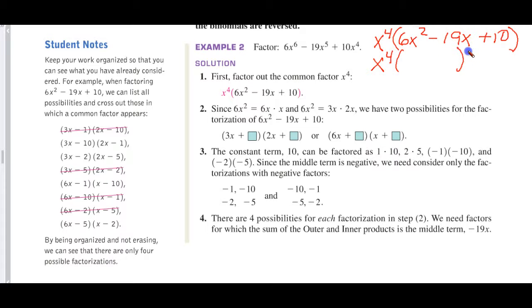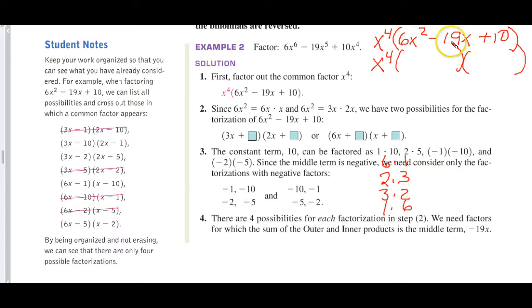So I'm going to put two parentheses. And here it gets sort of tricky because 6 now, there are two sets of factors. I'll put it down here. 2 times 3, 3 times 2, and I forgot the 6 times 1 and the 1 times 6. 4 possibilities.